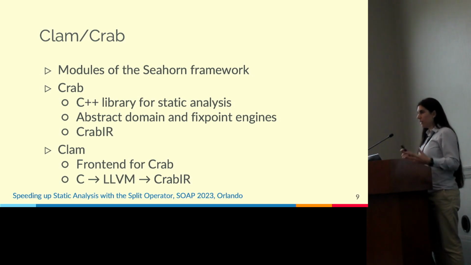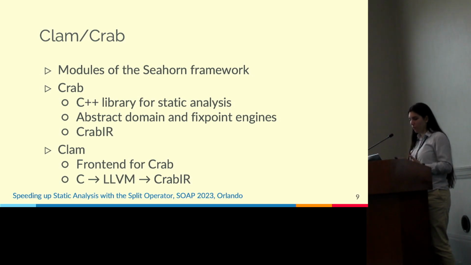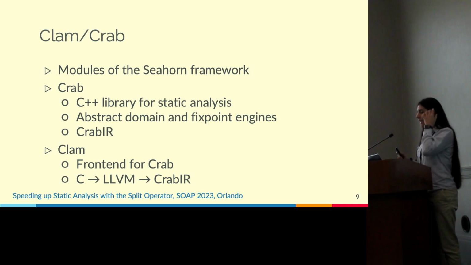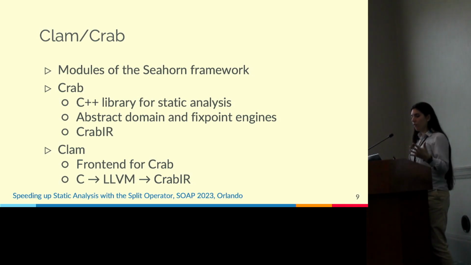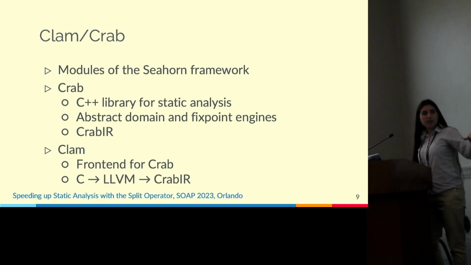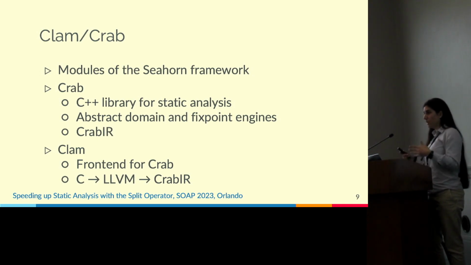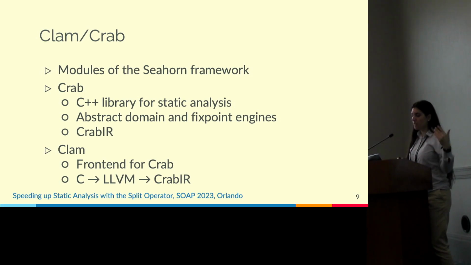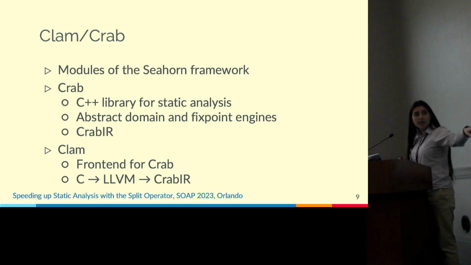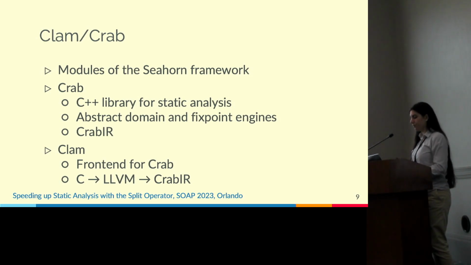It's kind of declarative, and it resembles the SSA form. As for CLAM, CLAM is the front end for CRAB. It basically translates C source code into LLVM bitcode. It applies optimization and some preprocessing steps, and then it translates them into CRAB-IR.